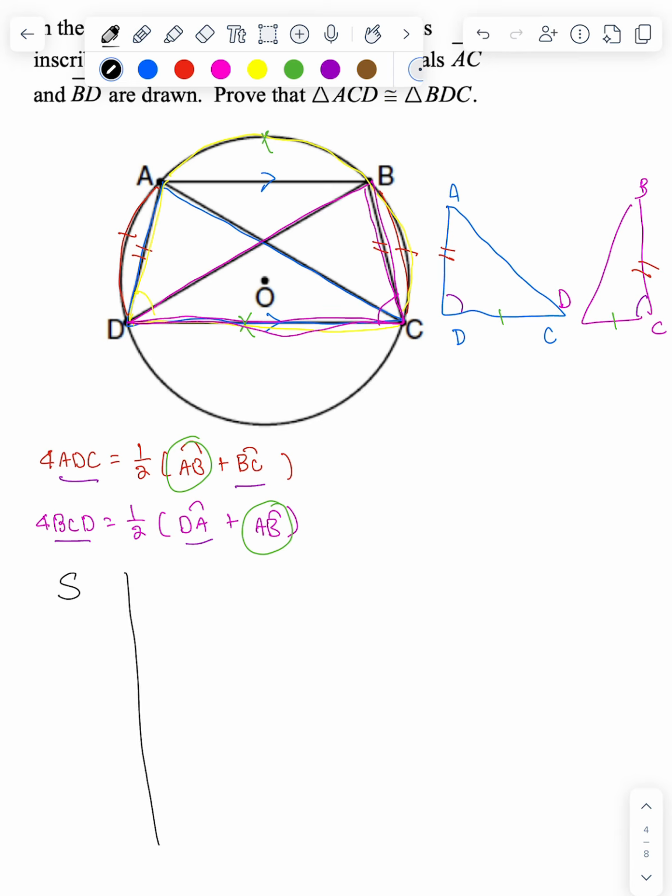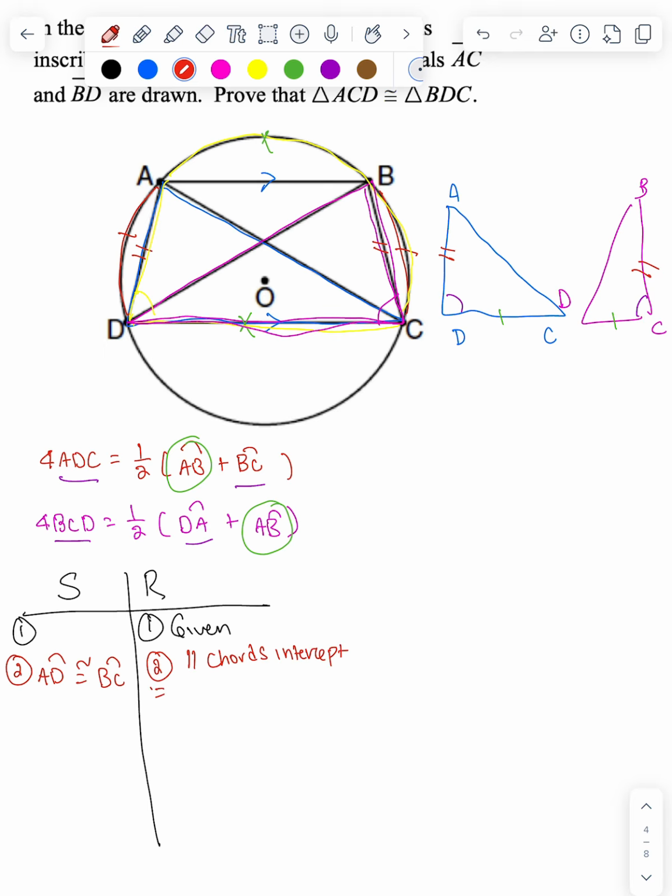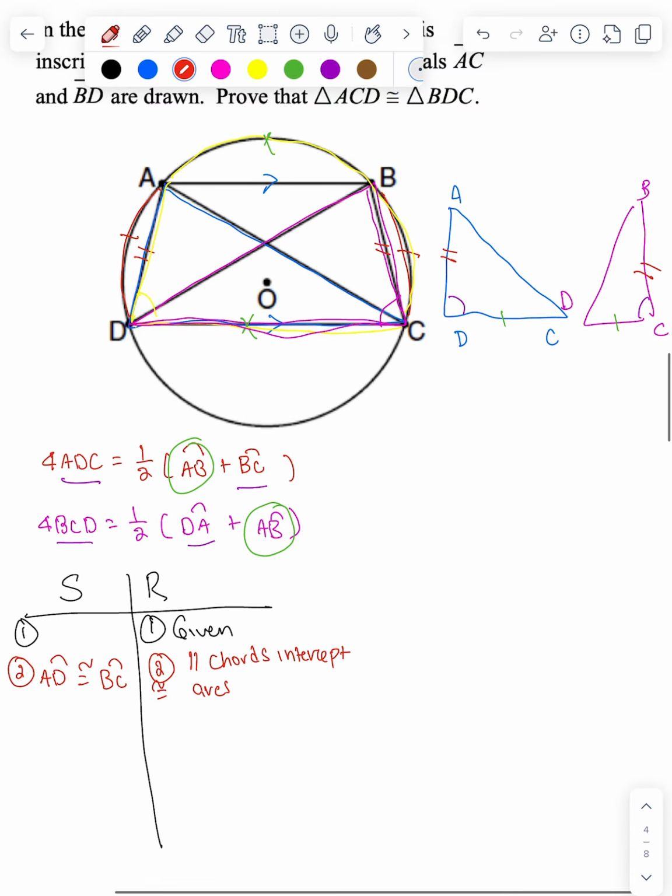I'm going to need more space for this one, so I'm going to continue next to it afterwards. Let me write here given. So I'm going to write arc AD is congruent to arc BC. And that was because parallel chords intercept congruent arcs.